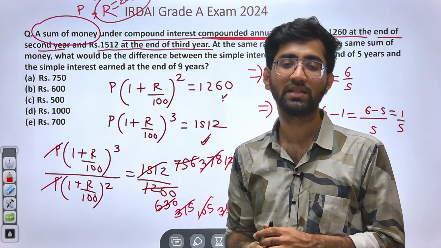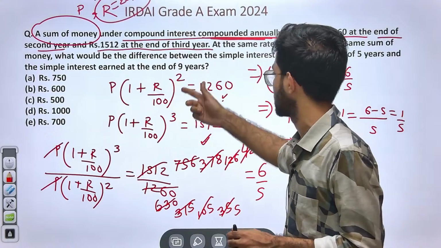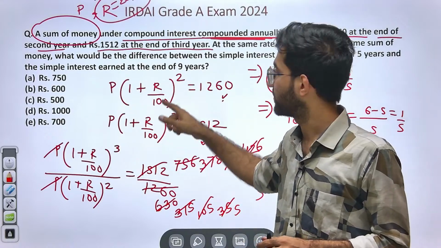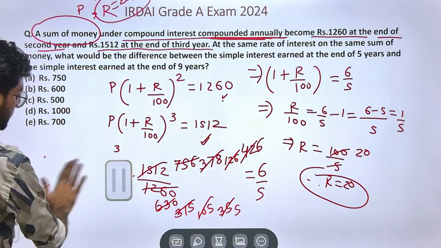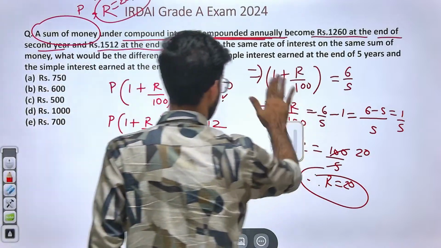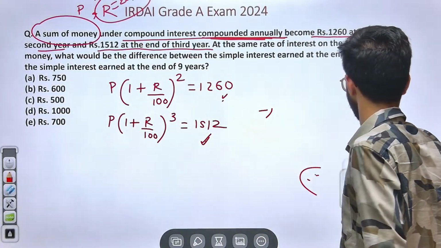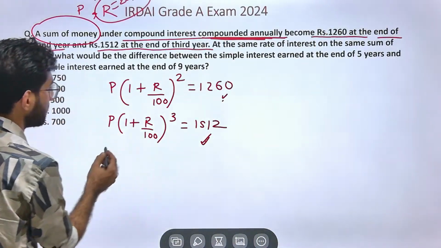How can we find the value of p? We can find the value of p using any one of these two equations. So what does it mean?